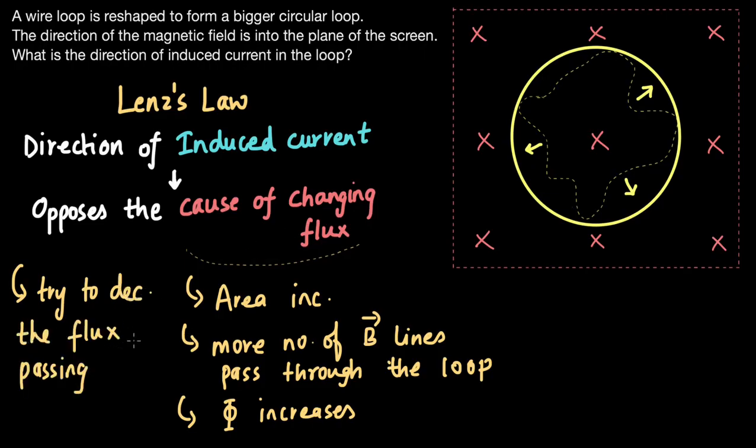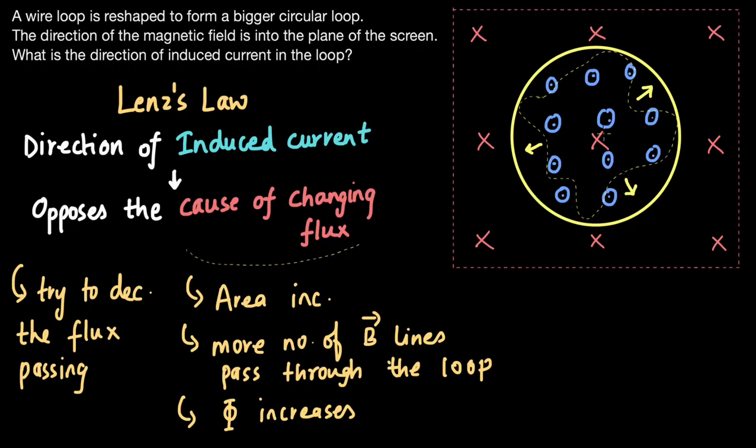Now to be able to do this, there must be magnetic field lines which are coming out of this circular loop, because if that happens, then there will be some flux which is in a direction opposite to the direction of the initial flux due to the red magnetic field lines. So the magnetic field lines that are produced must be in a direction outside the plane of the screen.